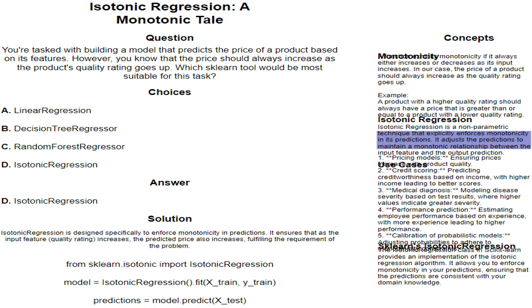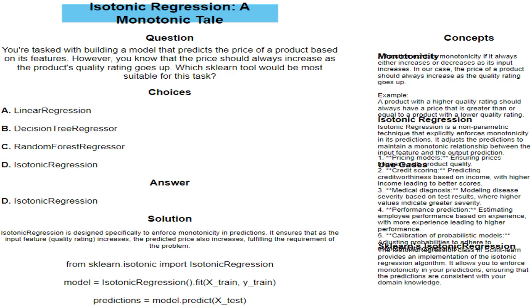Monotonicity. Isotonic regression is a non-parametric technique that explicitly enforces monotonicity in its predictions. It adjusts the predictions to maintain a monotonic relationship between the input feature and the output prediction.